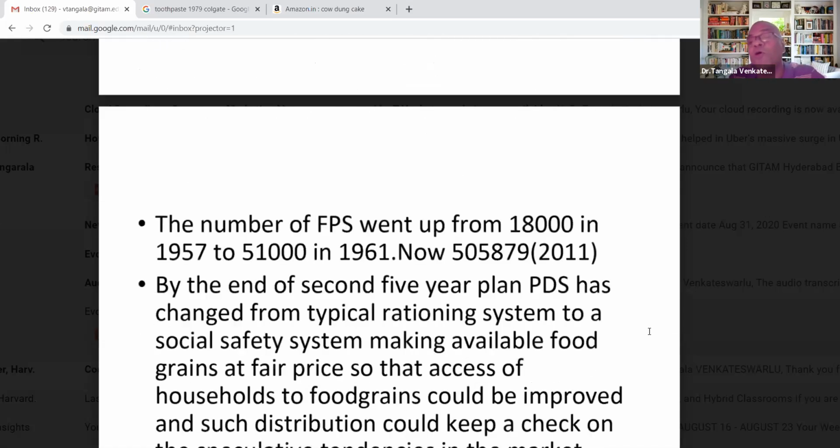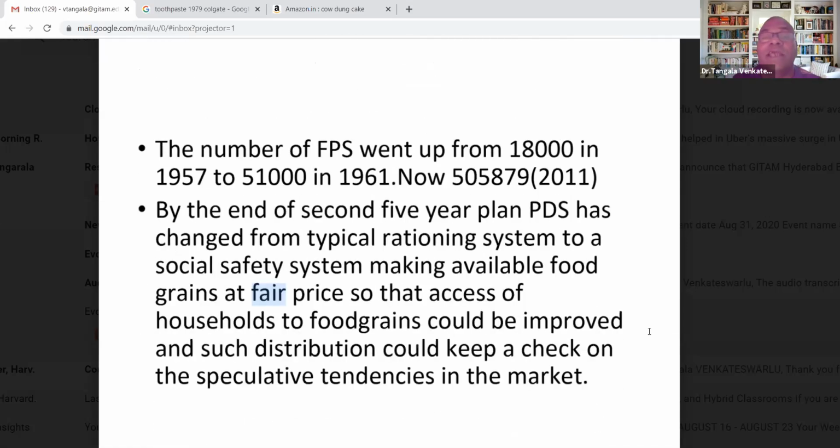So we were talking about PDS being the largest retail chain network. Initially there were 18,000 outlets, and in 1957 it reached 51,000 outlets, and now it is 5,05,879. Is it a big chain?